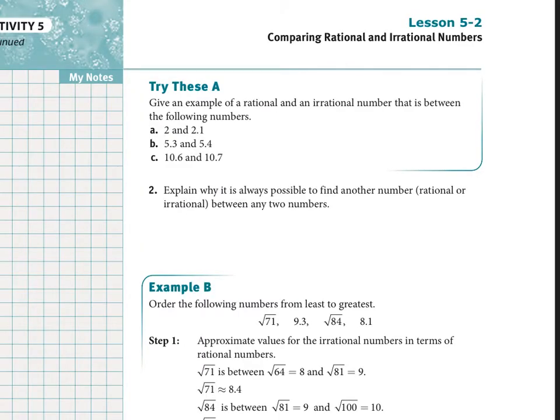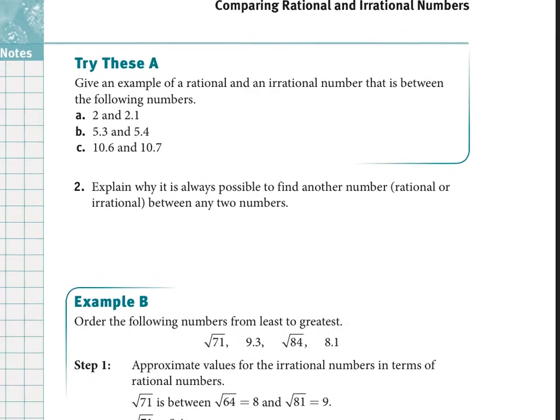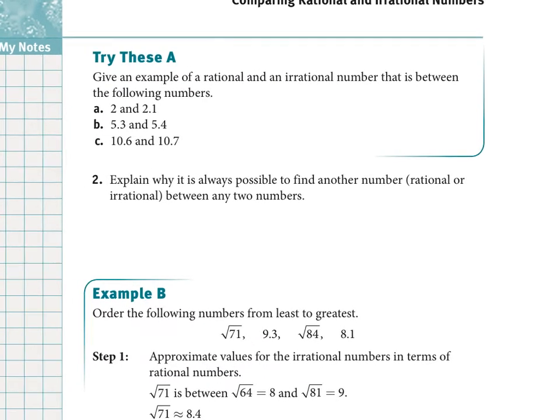All right, let's try another one on our own. Let's just take a second. Can we give an example of a rational and an irrational number between 2 and 2.1? So let's say we want a rational number first. For a rational number, I know the decimal needs to end or terminate. If we're going to be in between 2 and 2.1, remember 2 is really 2.0, and 2.1, of course, is 2.1.